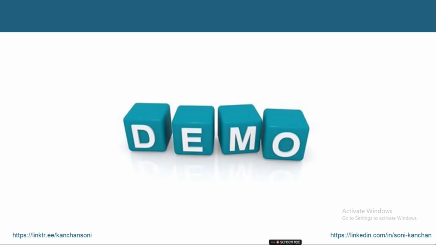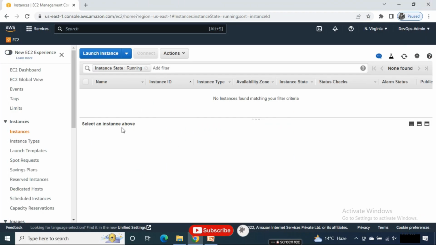Okay, so let's move to a small demo of how Jenkins functions and how to install Jenkins. So this is my EC2 dashboard where I will create one Ubuntu machine for installing Jenkins. Okay, let me launch the instance.